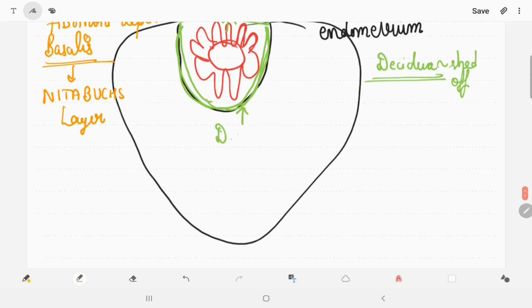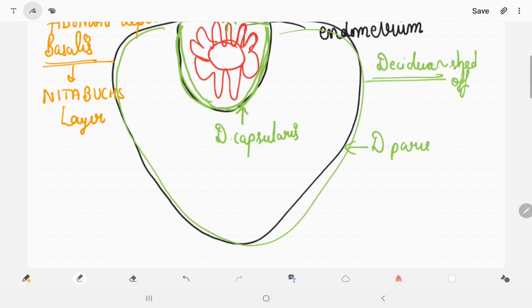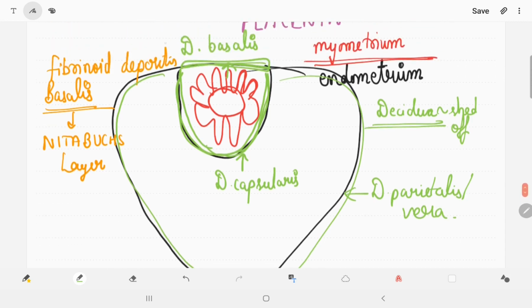You can also understand it like it is forming a capsule around the baby. And this remaining portion will be called the decidua parietalis or the vera, which is not in contact with the embryo, right? So I have further divided my endometrium into basalis, capsularis and decidua vera, right?